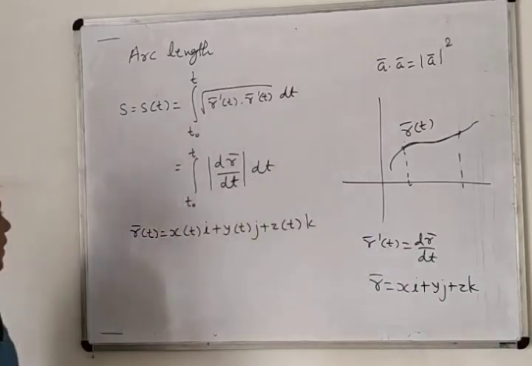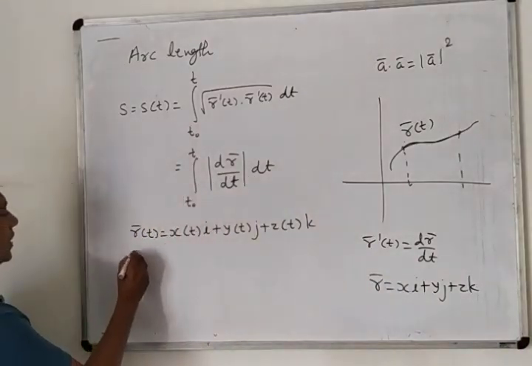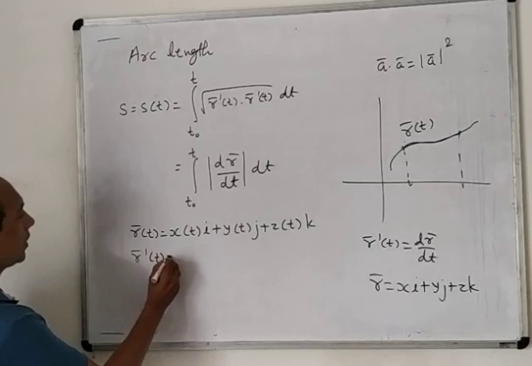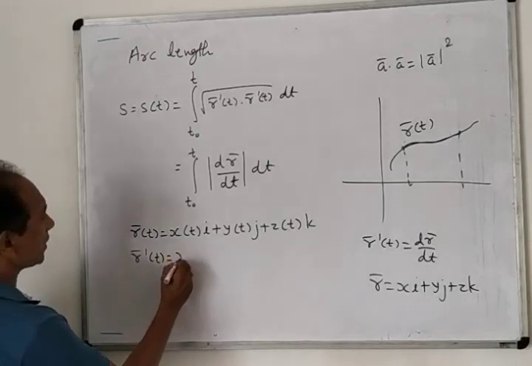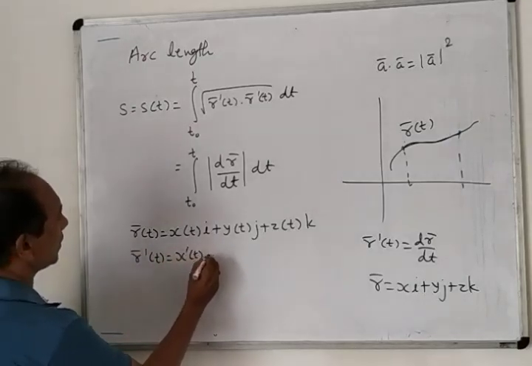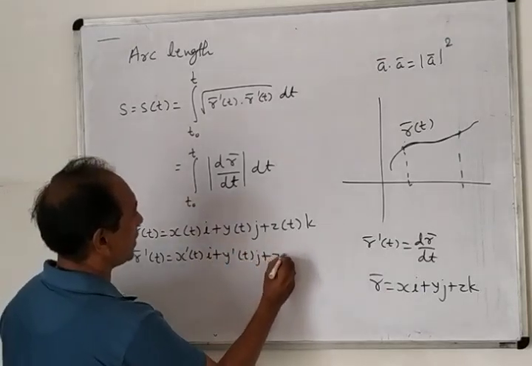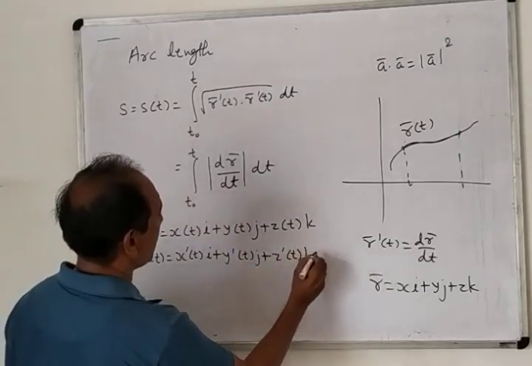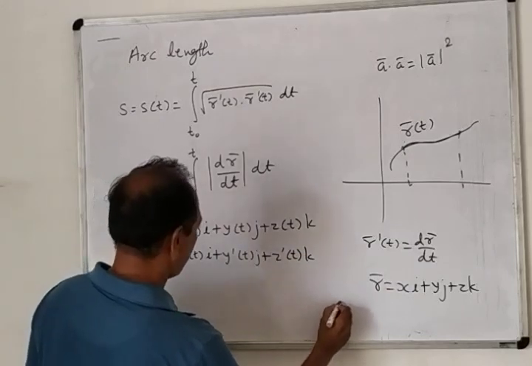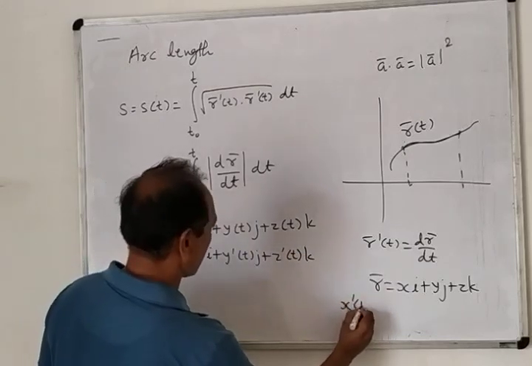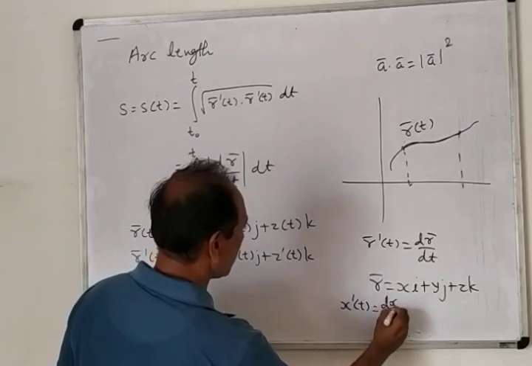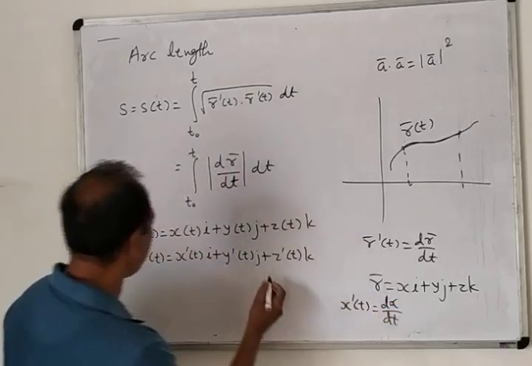So if it is given, then r bar dash t is x dash t i plus y dash t j plus z dash t k, where x dash t is nothing but dx by dt, the derivative of x with respect to t.